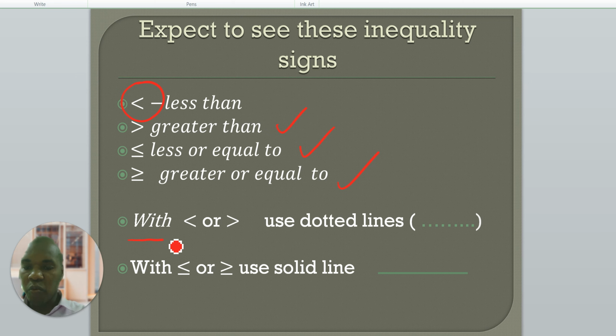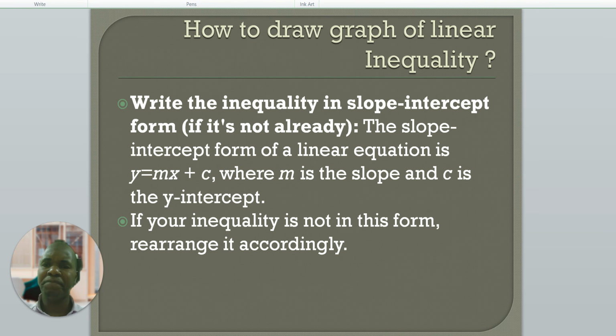And know that with less than or greater than, when we are going to plot a graph, we are going to use dotted lines, while when you have less than or equal to, or greater than or equal to, in a given inequality, while we are sketching a graph, we are going to use a solid line, dear students.